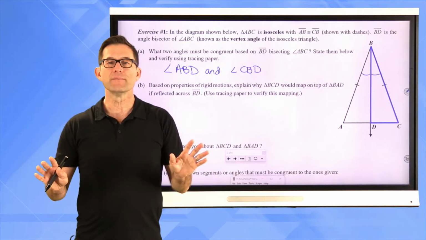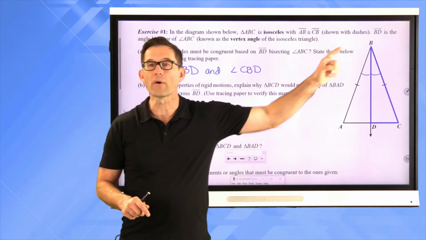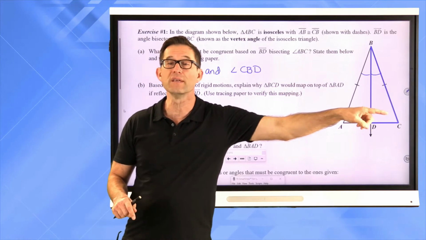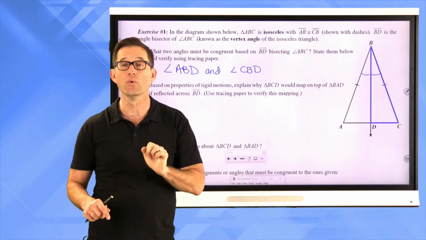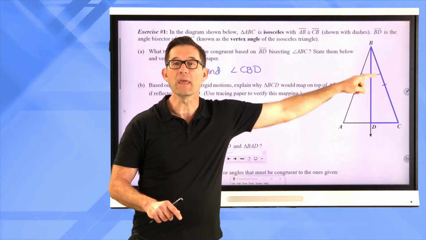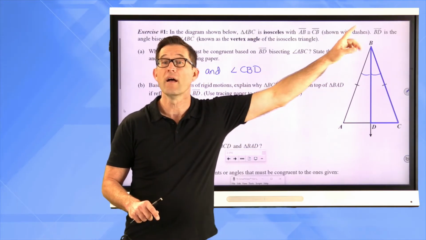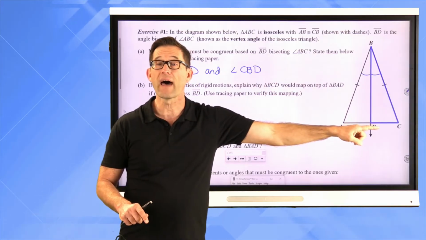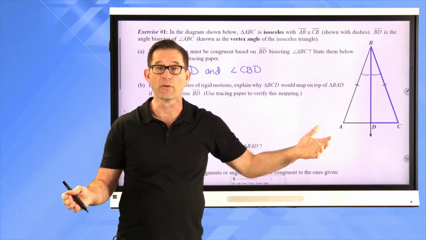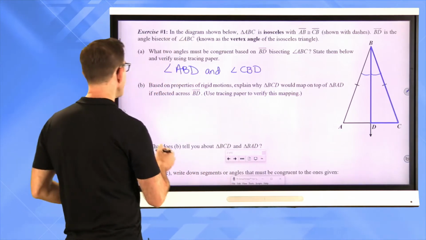Well, first, what we should know right away is to note where each one of the three vertices gets mapped under that reflection. Well, notice, points B and D lie on the line of reflection, so when we reflect those two points in that line of reflection, they're not going anywhere. So first, let's go with that.